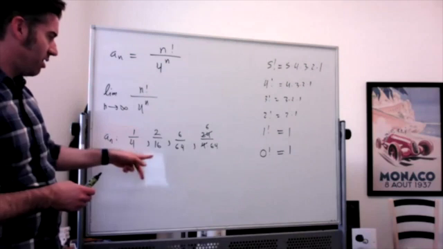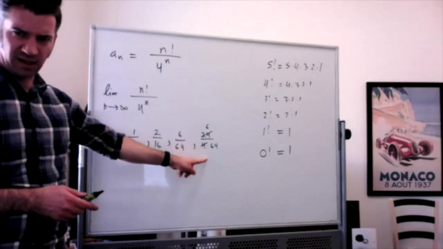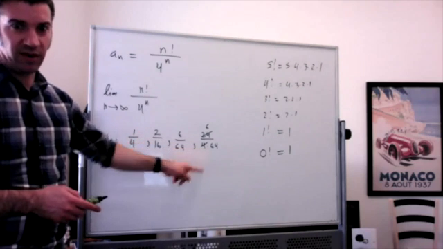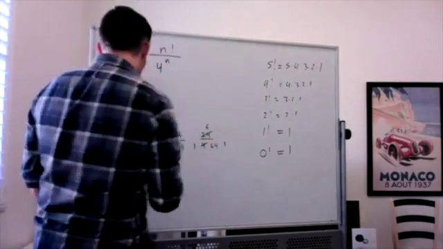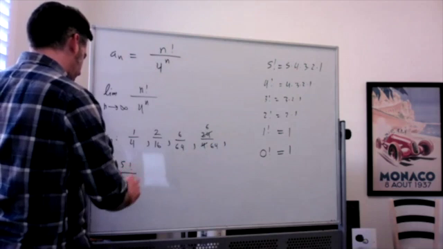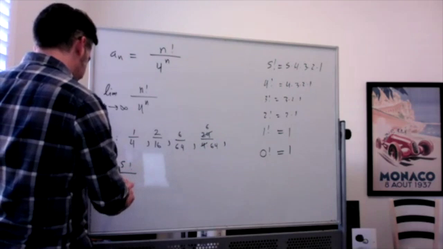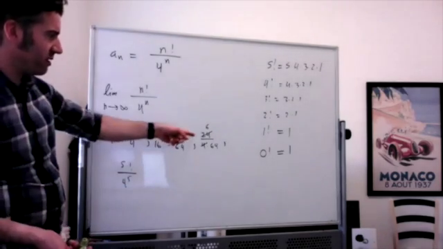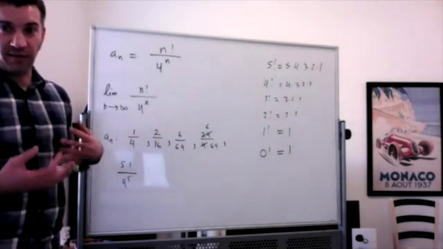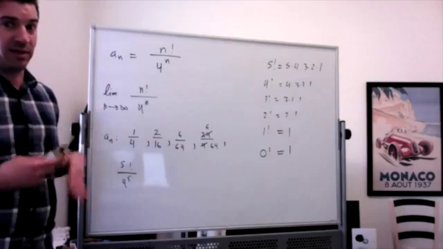It got smaller, smaller, but then it stopped getting smaller. And if we write the next term, which is going to be 5 factorial over 4 to the 5th, this is the nice thing about factorials: you get the next one just by multiplying by the next number.